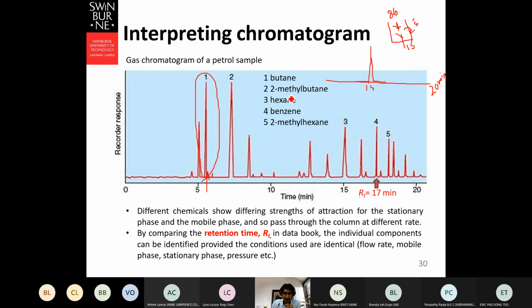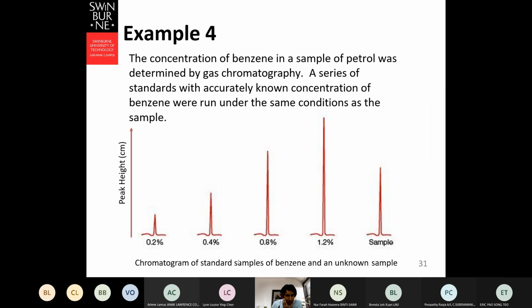At the 15th minute. So from there, I see that in my sample there are of course many things, but this peak 3 is actually the standard that I was looking for, caffeine or whatever. So this is how chromatography, I mean GC, works.